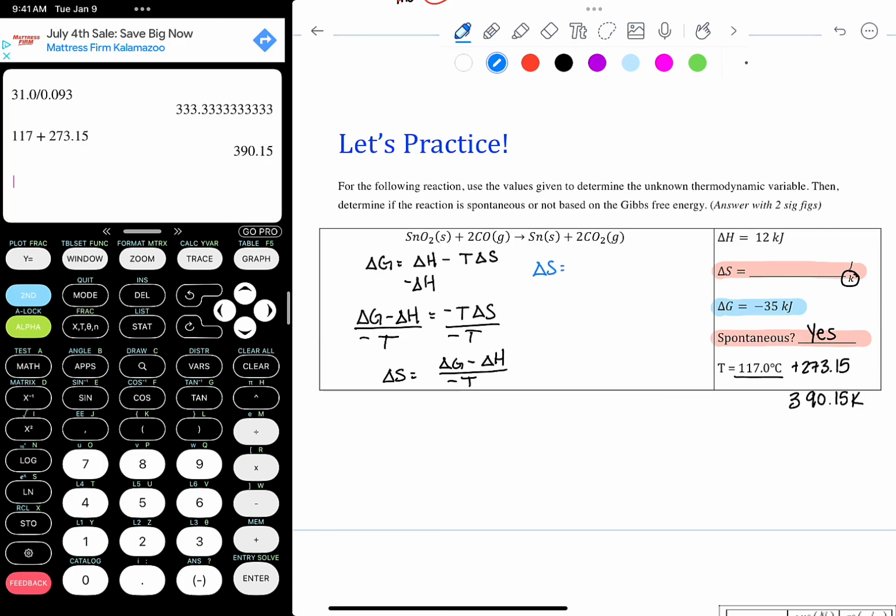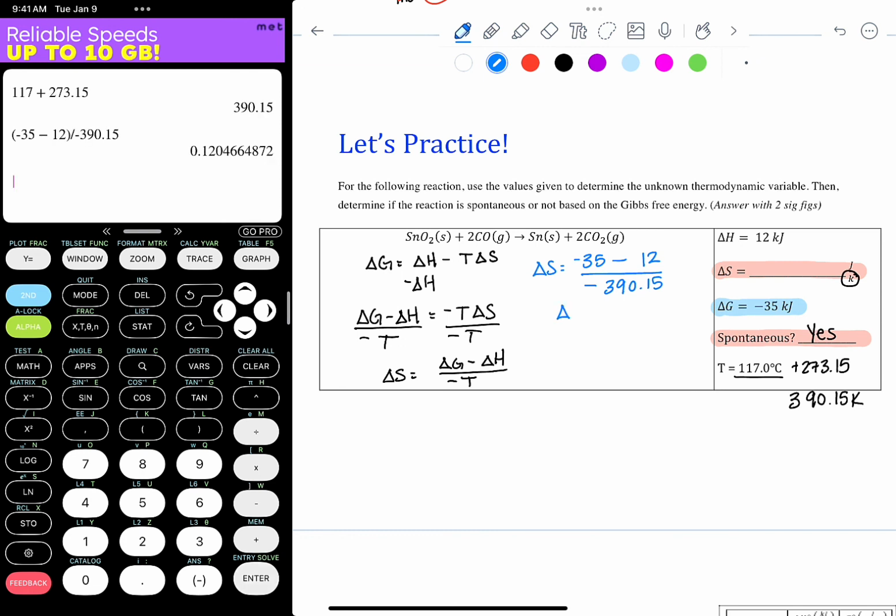Okay, so now we're ready to plug everything in. Delta S is equal to delta G, negative 35, minus delta H, which is 12, divided by negative T, which is 390.15. So let's solve. Negative 35 minus 12 divided by negative 390.15.